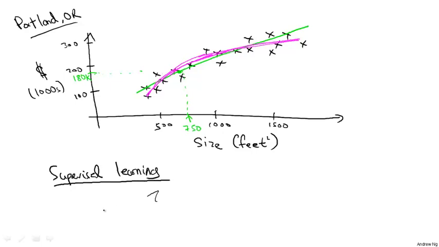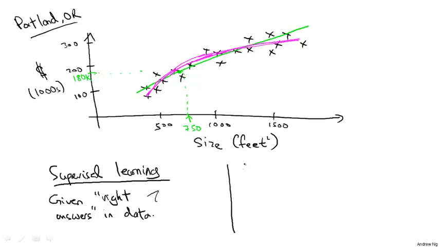The term supervised learning refers to the fact that we're given a bunch of right answers in our training set or in our data set, and our goal is to predict more of these quote right answers, where by right answer I mean for each of the houses in this data set we're told what was the actual correct price that house sold for. And our goal is, given a new house, to predict the new right answer for this new house that's 750 square feet.